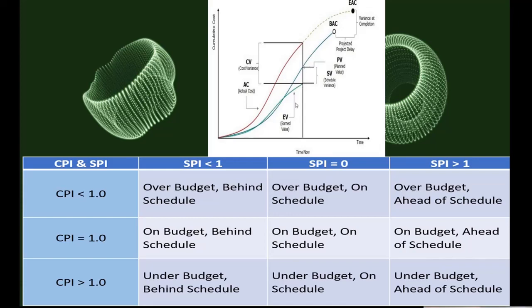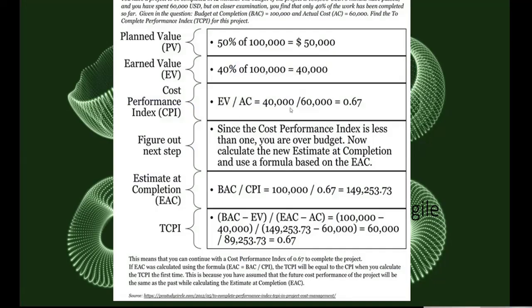You always check that if the EV is less than the others, the project status is not good. You earned only $40,000 worth of work, but you spent $60,000. So it's not good health. You have to do more work. So it's behind schedule and over budget.